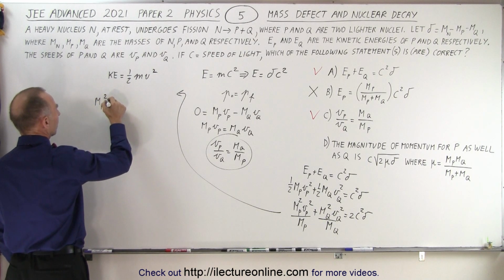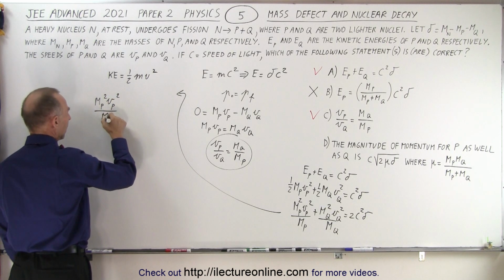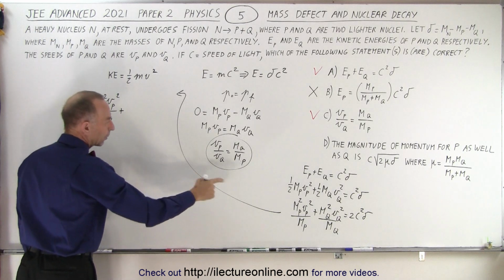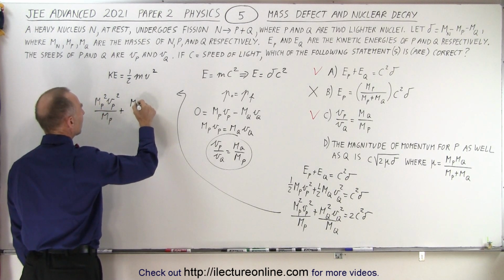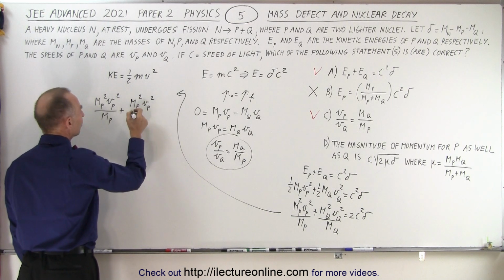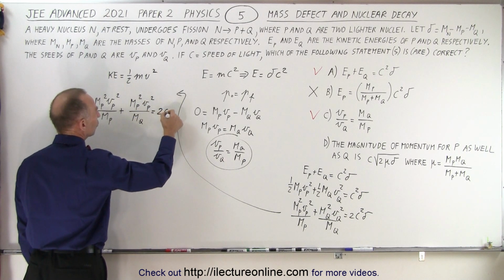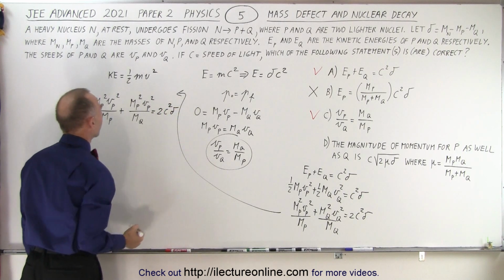mp squared vp squared over mp plus, that becomes mp squared vp squared, because the momentum must be the same, so divided by mq is equal to 2c squared delta.